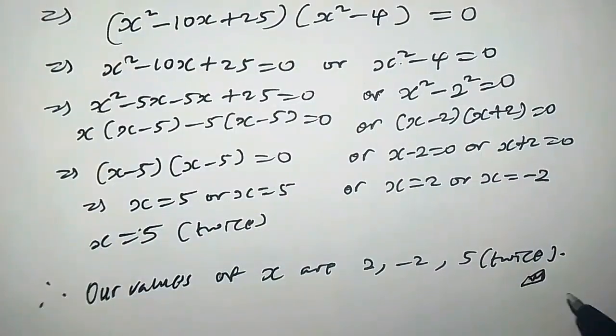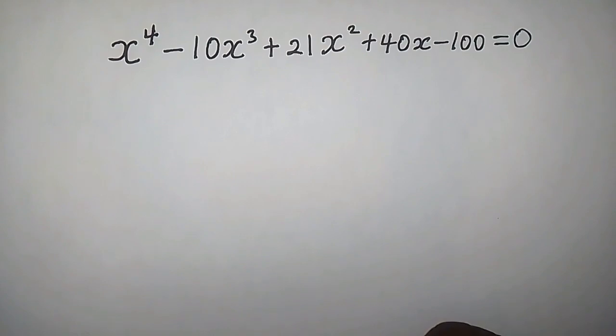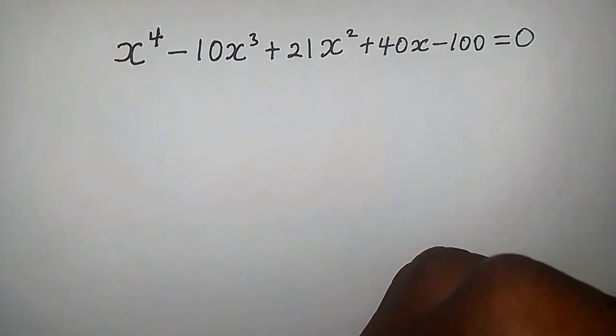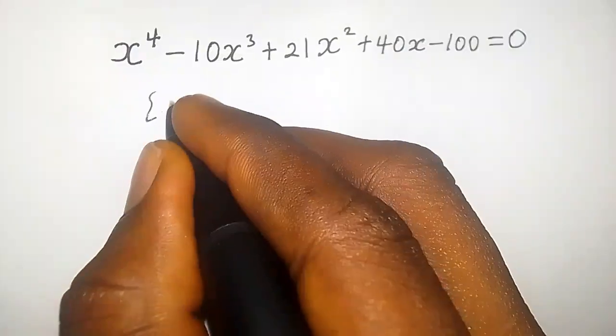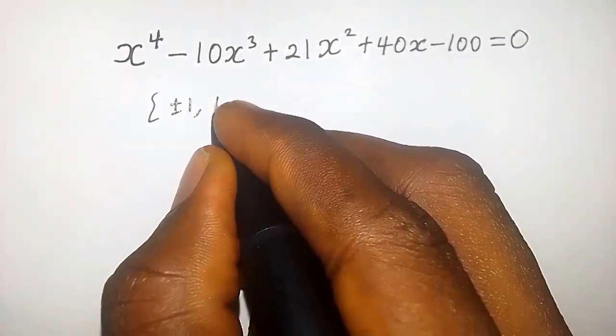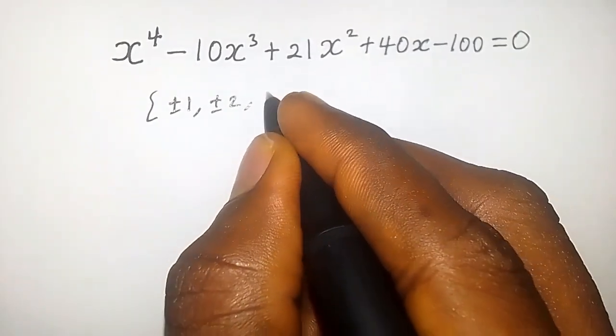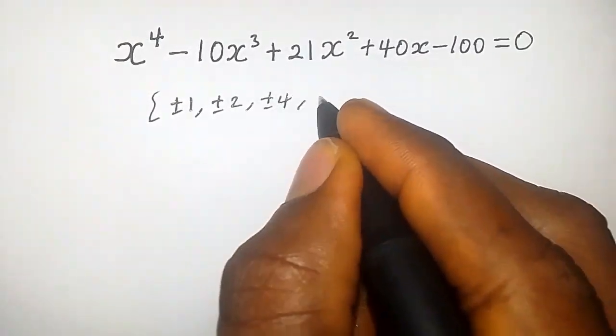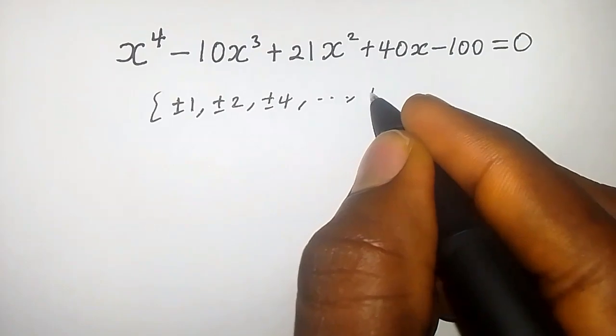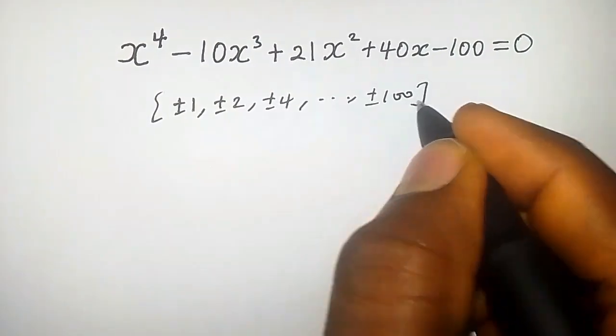So that's it. Another way to solve a quartic equation is to use the rational root theorem. The only rational roots will be from the set plus or minus 1, plus or minus 2, plus or minus 4, and on and on like that, up to plus or minus 100. So let's check.